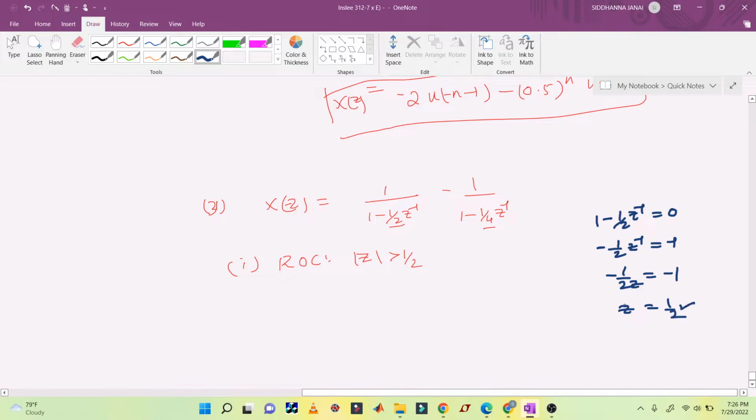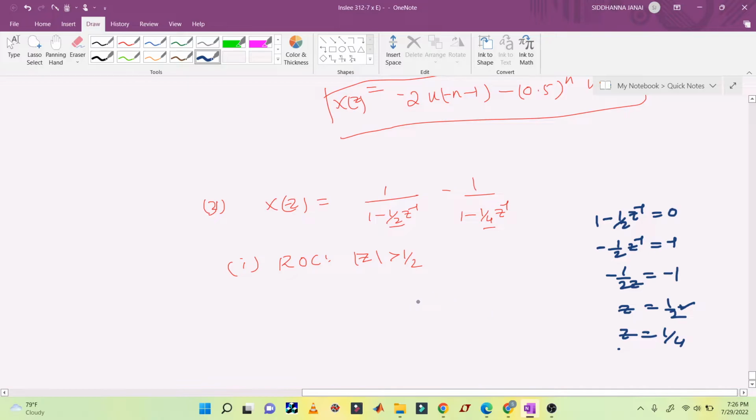This is your one pole. Another pole similarly you will get z is equal to 1 by 4. Either you use z inverse or z divided by z minus 1 by 2, both ways you will get the same 1 by 2 and 1 by 4 as poles.